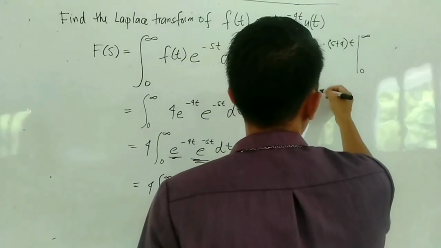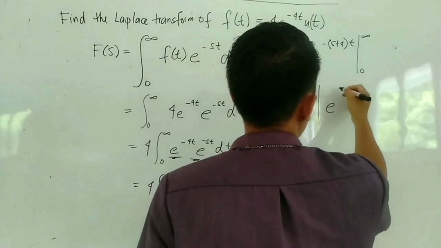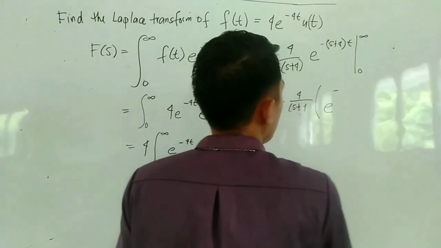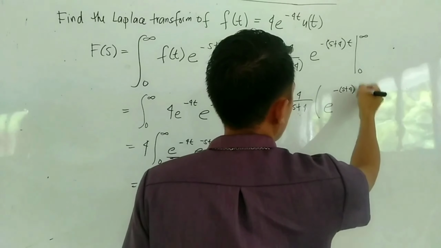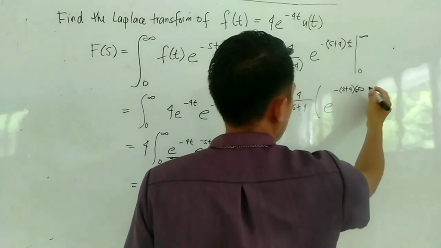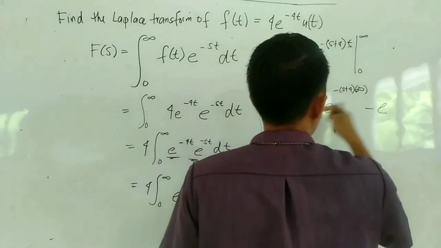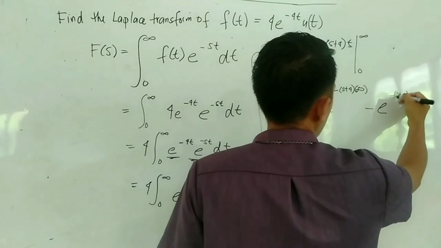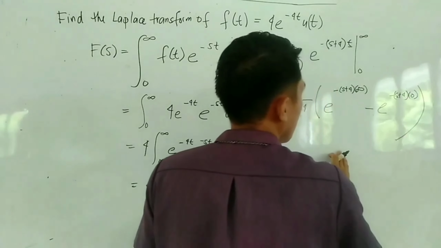So we have the value for e to the negative s plus 4 times infinity, minus e to the negative s plus 4 times 0. Okay?